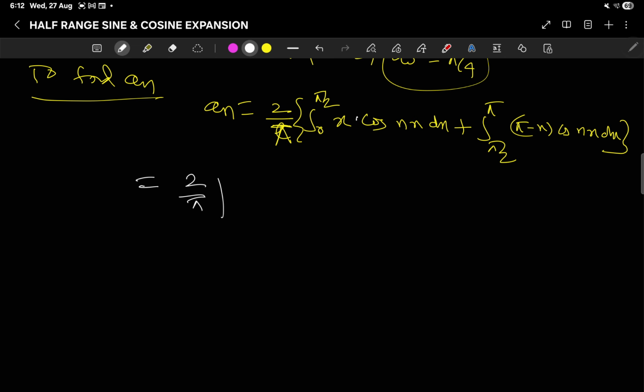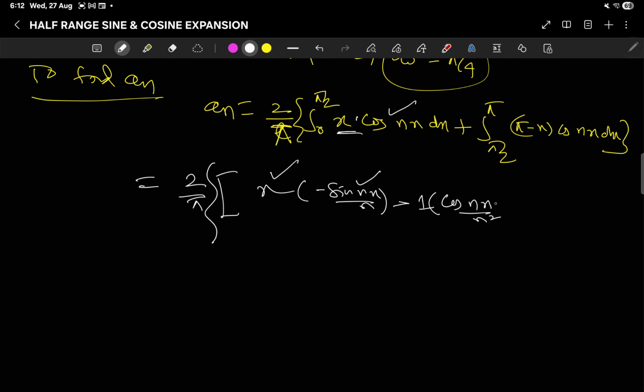It is 2 by pi. If you apply by parts here, x, integration of cos nx is sine nx by n, put a negative sign, the derivative of x is 1, integration of this is here minus cos nx by n square.